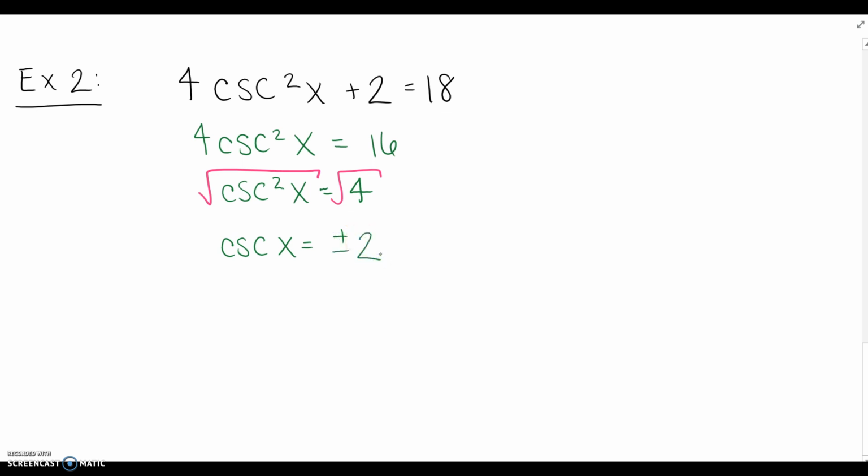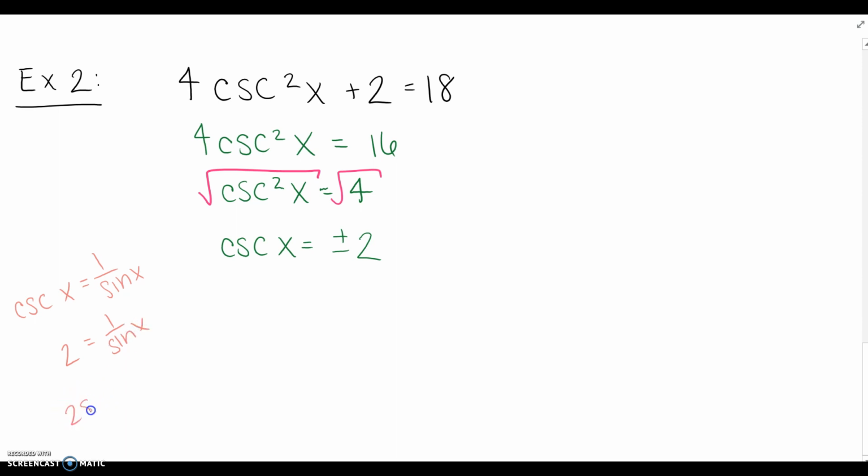So remember, you should be thinking, cosecant of x is equal to 1 over sine of x. So we can substitute in, and let's just say 2 for now is equal to 1 over sine of x.